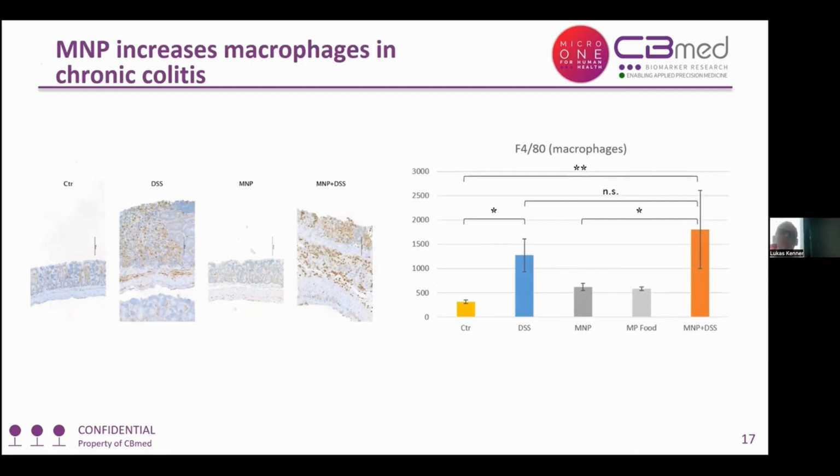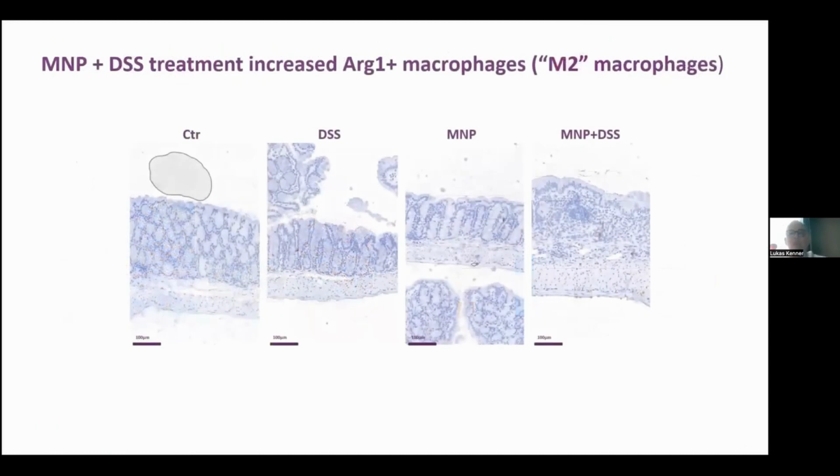We found specifically that macrophages were increased in those mice treated with DSS and micronanoplastic particles compared to the controls. What was interesting is that there are different sorts of macrophages, more inflammatory and anti-inflammatory ones, and the ones which are more critical are called M2.